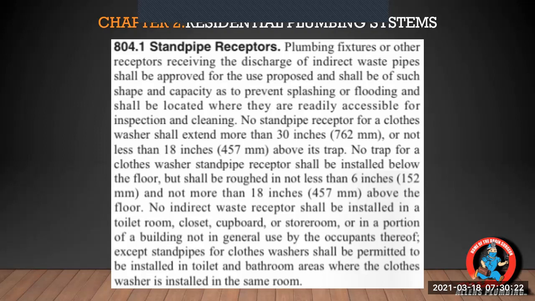No trap for a clothes washer standpipe receptor shall be installed below the floor, but shall be roughed in not less than 6 inches and not more than 18 inches above the floor. No indirect waste receptor shall be installed in a toilet room, closet, cupboard, or storeroom, or in a portion of the building not in general use by occupants thereof, except standpipes for clothes washers shall be permitted to be installed in toilet and bathroom areas where the clothes washer is installed in the same room.